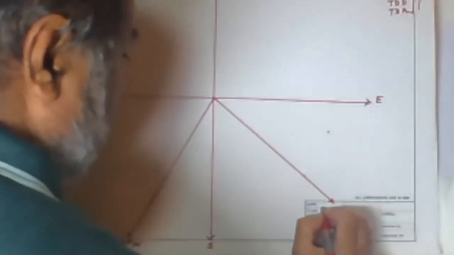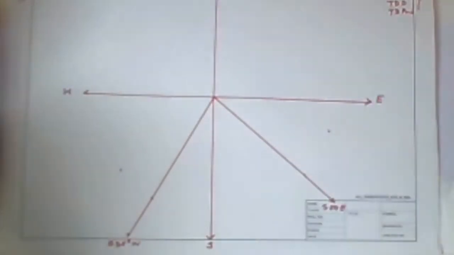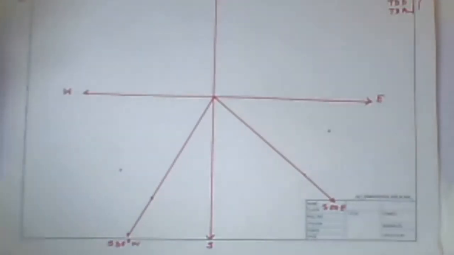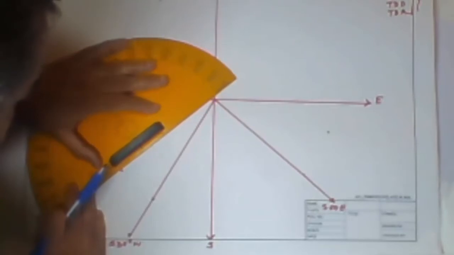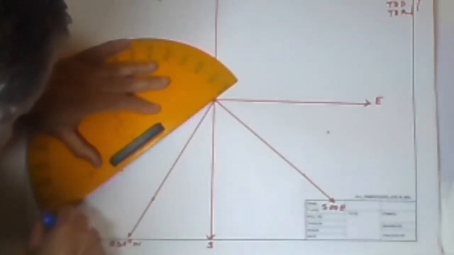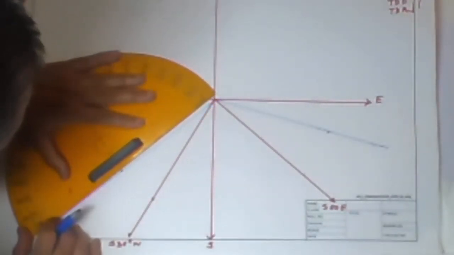This is the south 50 degree east, and from there the 25 degree this side, and this side is a 20 degree. Now join with a different pen. We have joined. Yes, a little bit shifted point.